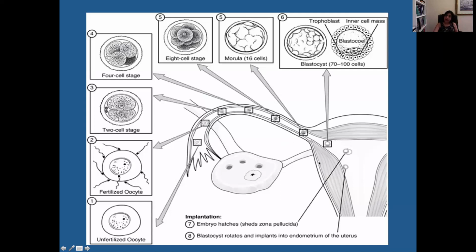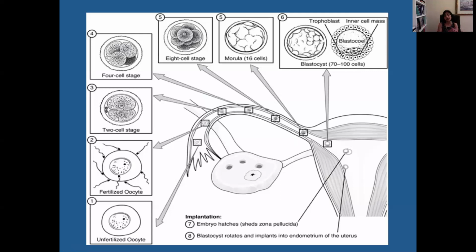So what happens next is zona pellucida is lost from this structure. Now the structure begins to expand. So until this point, all of these different structures that we talked about, morula, blastocyst, 2-cell stage, 4-cell stage, 8-cell stage, are all of the same size.